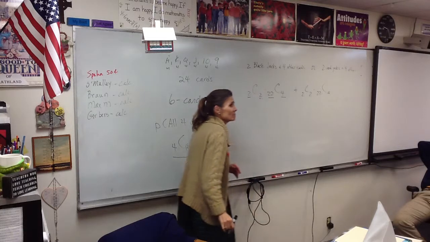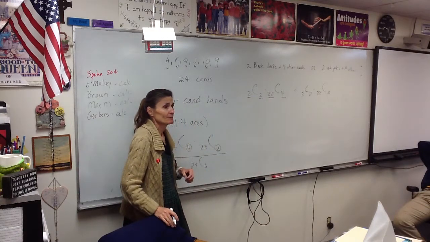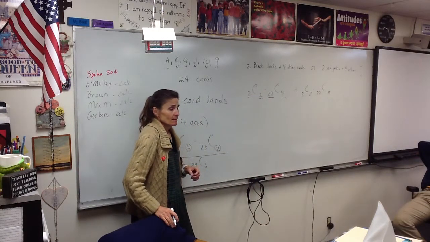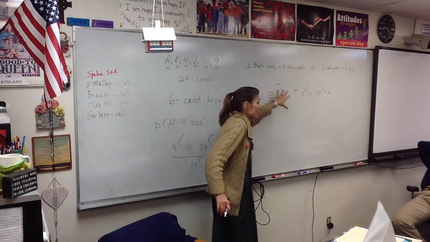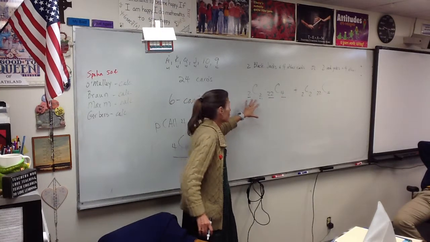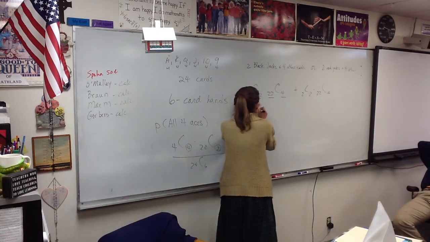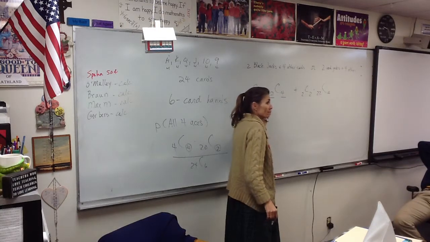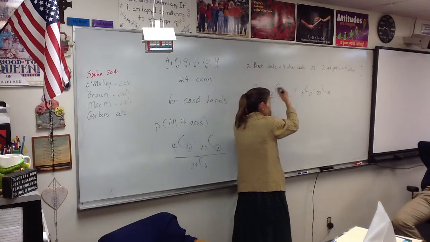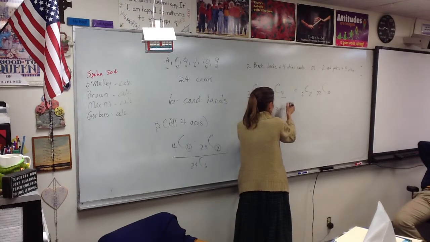Here is where it becomes tricky. In this scenario, remember, these are the 2 black jacks, so they're taken care of. And this is 4 of any other card. Could this actually include 2 red jacks also?